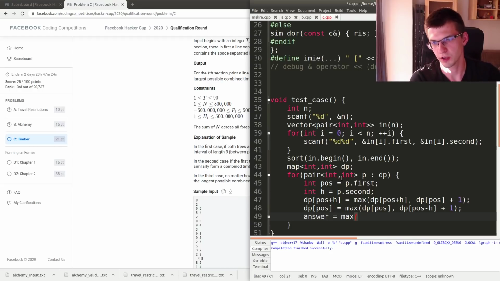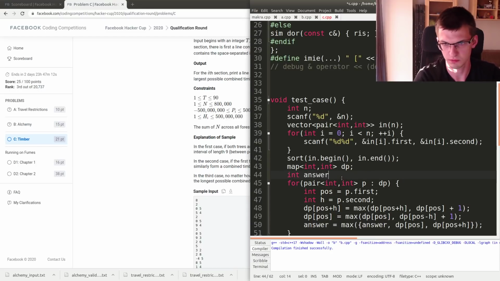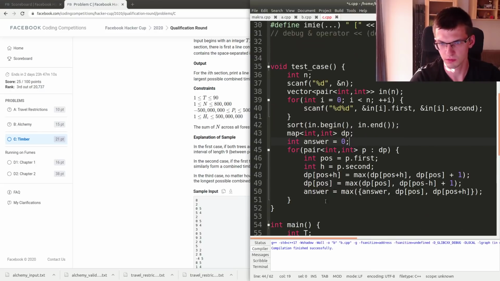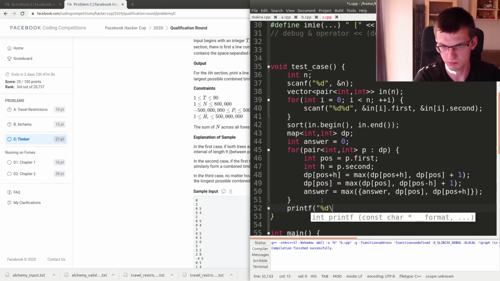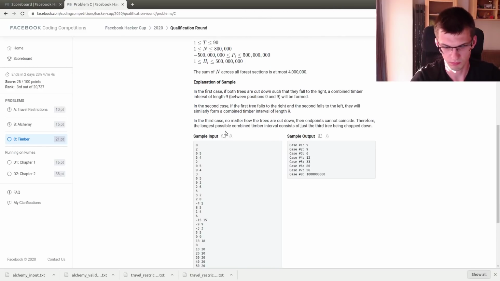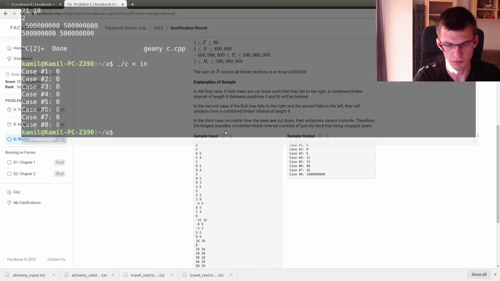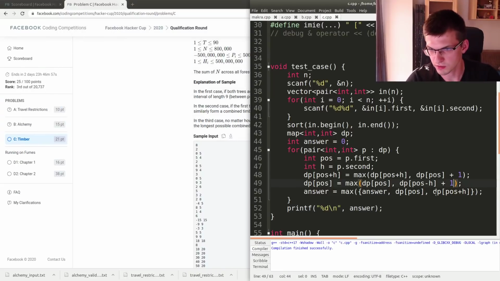max of DP of pos plus H. Just like 3 transitions. Nope, that's not that.